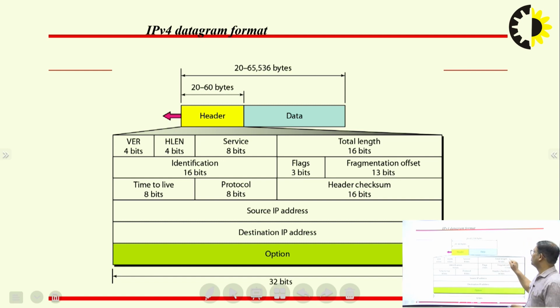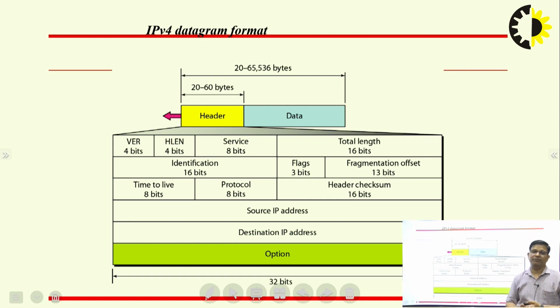Then the total length is the data size, 16 bits. The identification is basically used to identify the packet frame: which frame is this, or what is its sequence number? Then the flags, 3 bits, fragment offset, time to live, protocol, header checksum, source IP, destination IP and options. We will discuss each of these in detail.